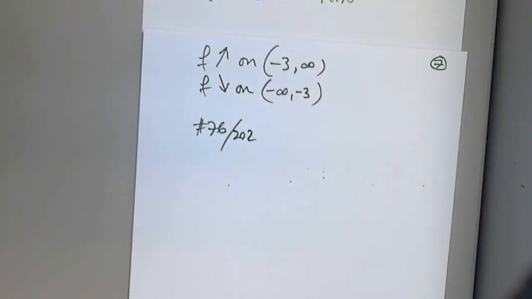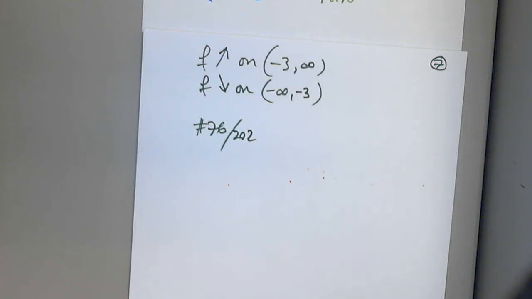So here's the question. In 76, it says draw a graph to match the description given. There is more than one correct answer.